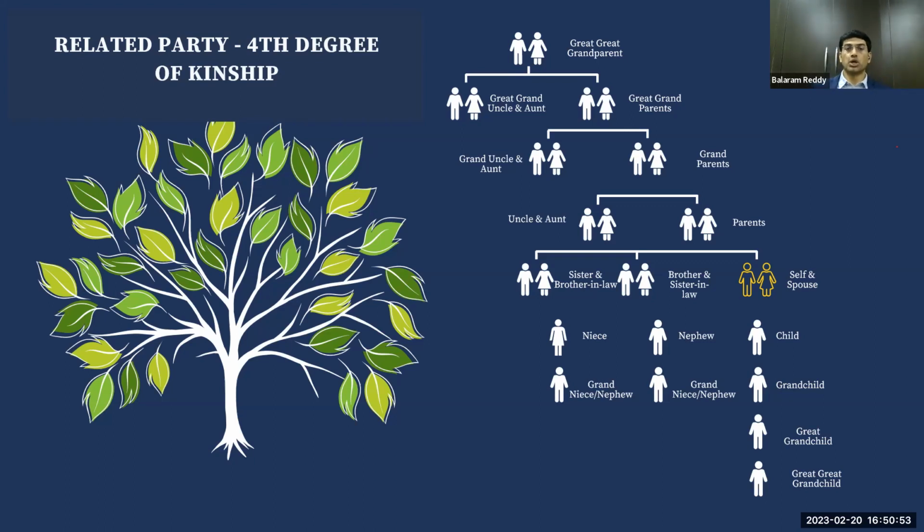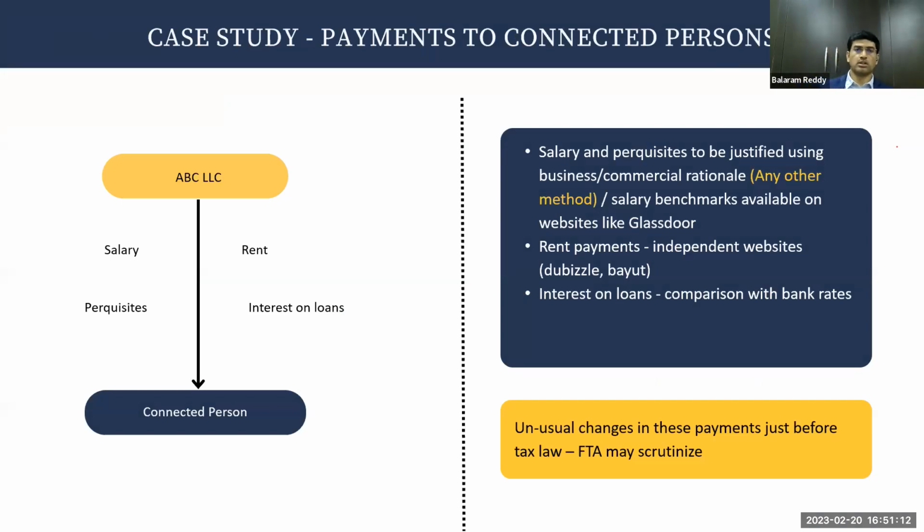So the companies now should be careful. They need to maintain a list of individuals who fall under this category. And if the company is doing any transactions with any of them, they need to be careful that the prices being levied on those transactions are at arm's length. Most of the time we see this kind of transaction in our books of accounts.